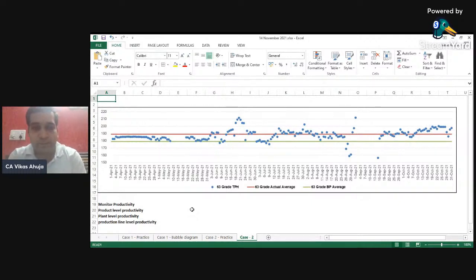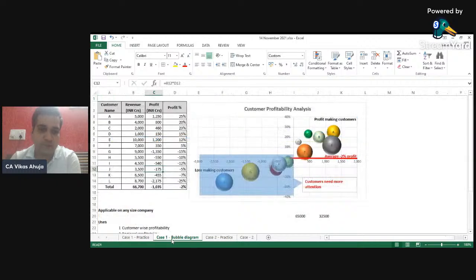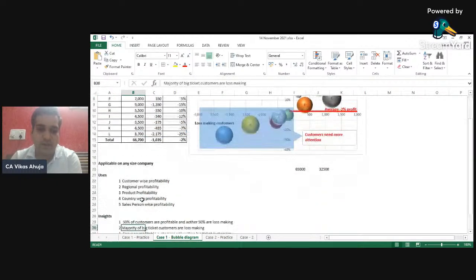The way I'm thinking to structure over this past 1 week is that I touched upon the sales area last time, wherein we discussed the customer and customer product profitability, where we can talk about customer wise, region wise, product wise, country wise, salesperson wise, and customer product wise, or project level profitability.